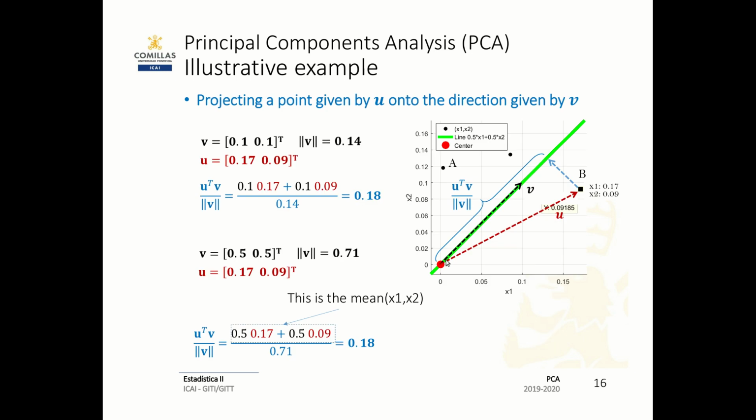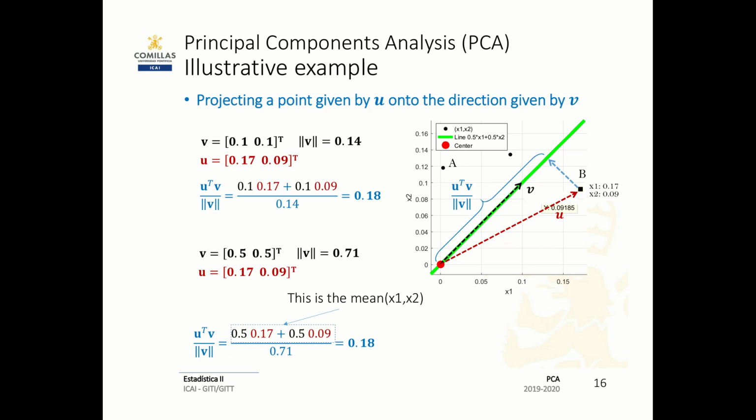Okay, so here we have a couple of examples where we have the same u vector, but v is different. They have the same direction. This is 0.1, 0.1, this is 0.5, 0.5, so it is the same direction but described with a different vector.